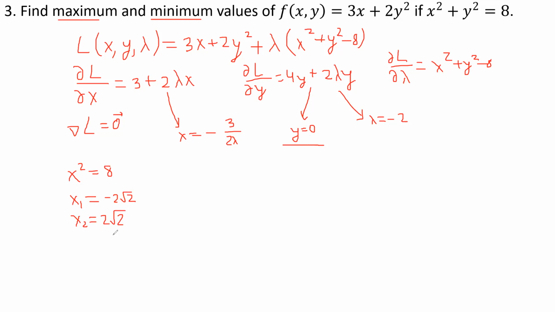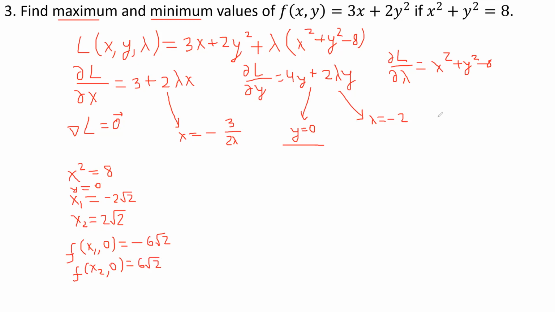So there are two solutions when y equals 0. Now we need to count our f. So f of x1 and 0 will be minus 6 square root of 2. f of x2 and 0 will be 6 square root of 2.